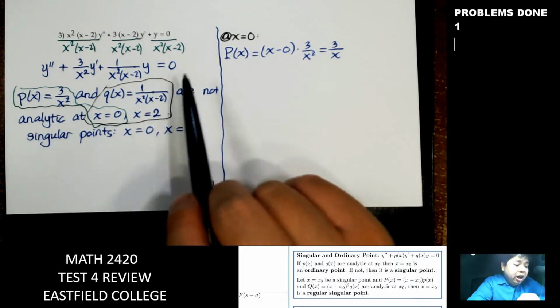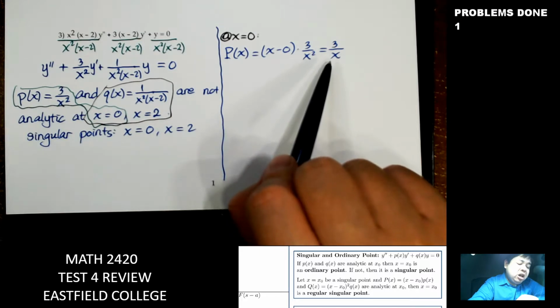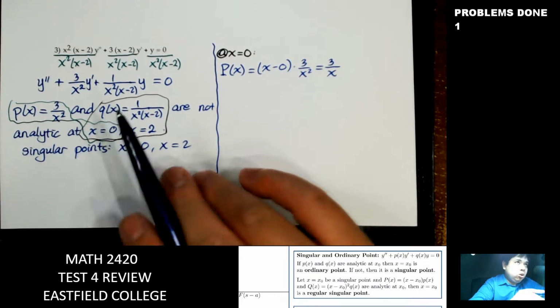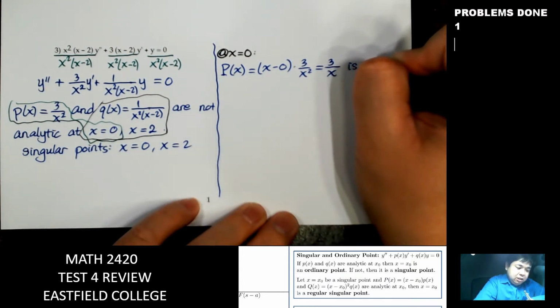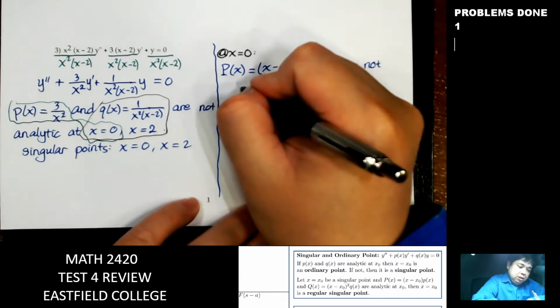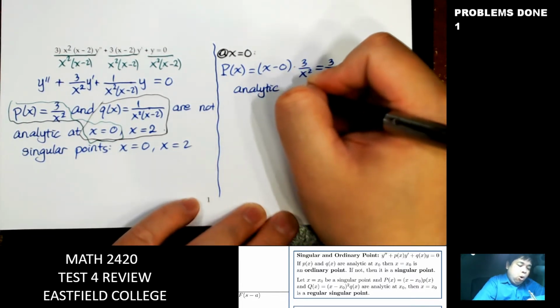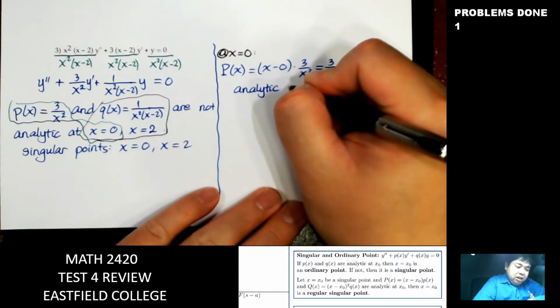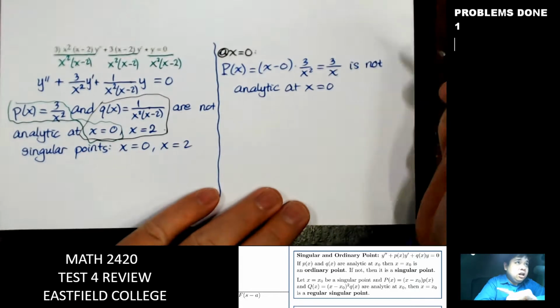Now, if we put 0 for x, the function is undefined, therefore there will be no series representation, meaning not analytic. So this one is not analytic at x equal to 0 because you put 0 in here, it is undefined.